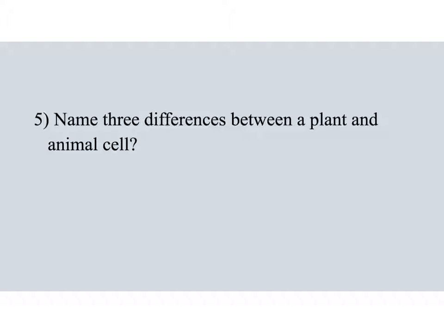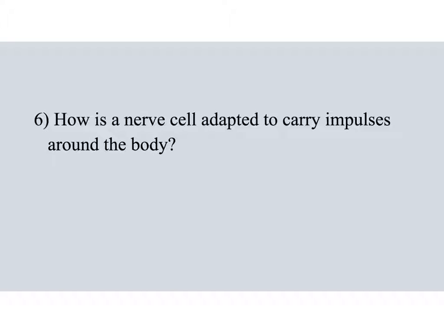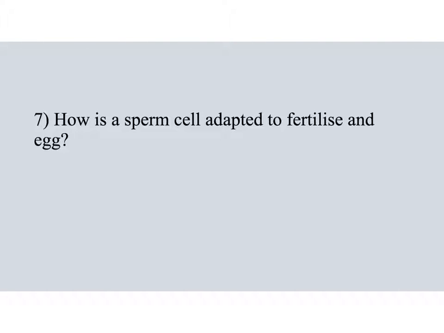Question number 5. Name 3 differences between a plant and animal cell. Question number 6. How is a nerve cell adapted to carry impulses around the body? Question number 7.